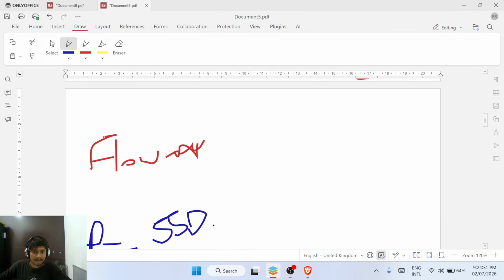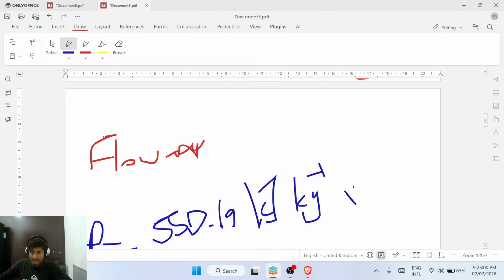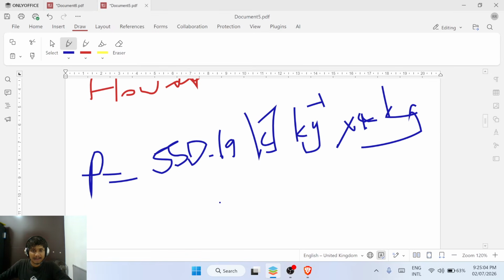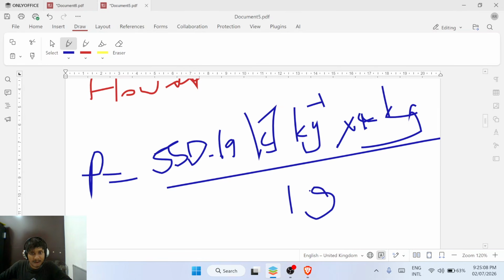550.69 kilojoule per kilogram into 4 kilogram. That is the total. Because when we find the power, we always find the power for 1 second. How much work is done for 1 second? That is the meaning of power.